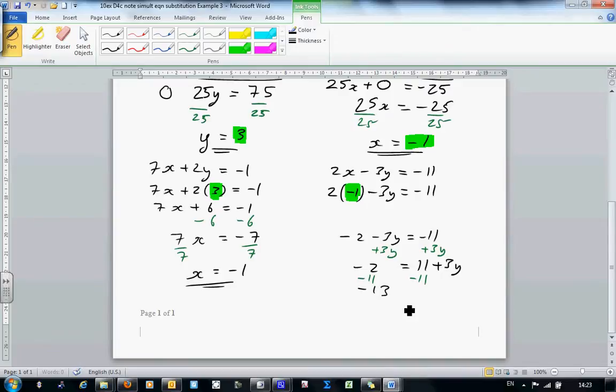I'm adding 3y to both sides, so minus 2 on the left side, negative 11 plus 3y here. Add 11 to both sides, this gives me 9 equals 3y, so 3 equals y, which is what we had before. Sorry about that little glitch, but that is what happens now and again.